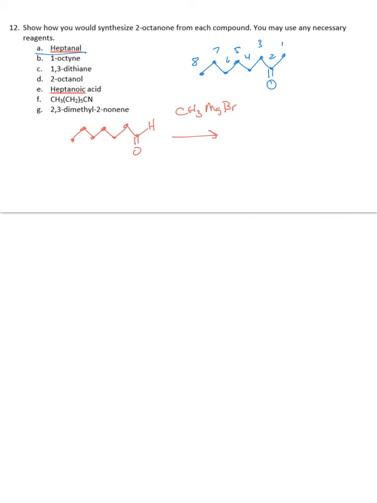That's a Grignard. So that's a plus and a minus. And then you have to add a little bit of acid to make the alcohol. And so that makes 1, 2, 3, 4, 5, 6, 7. And there's your CH3 that you added. But that makes a secondary alcohol.